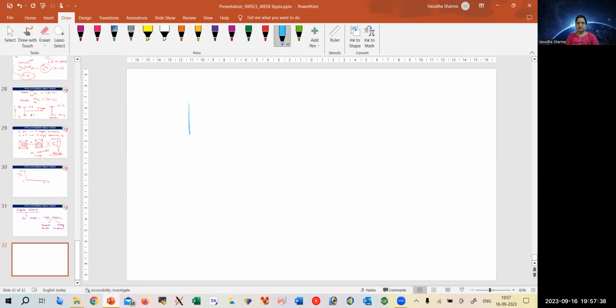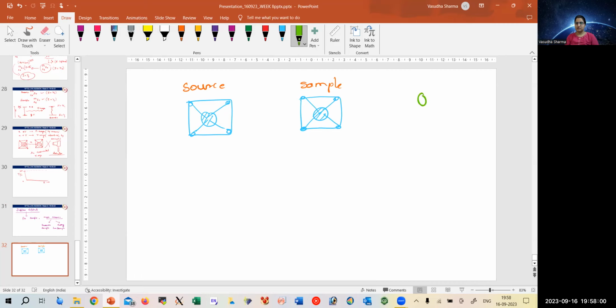For example, we have this matrix. Similarly, we have the sample. So this is my source. This is the sample. And this is the detector.